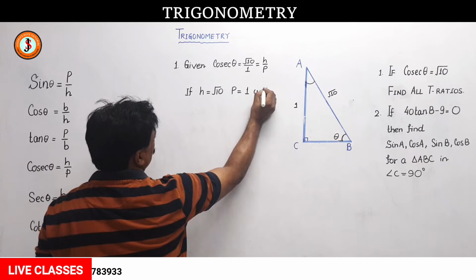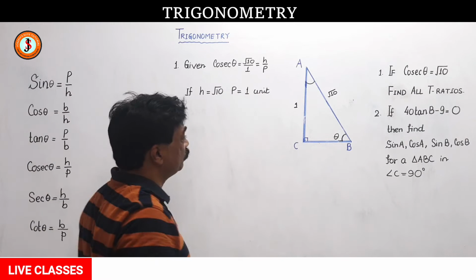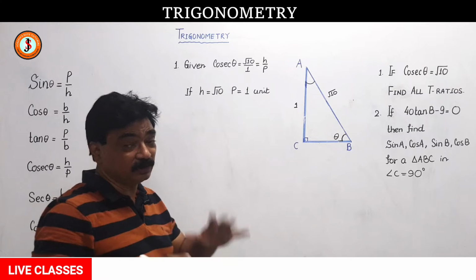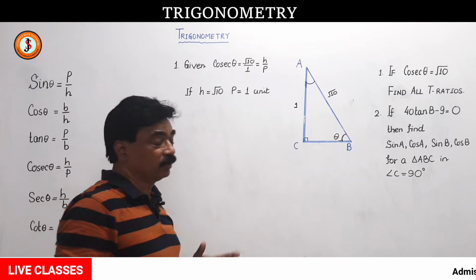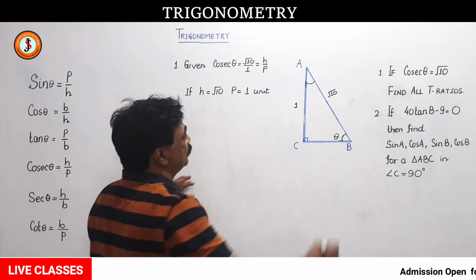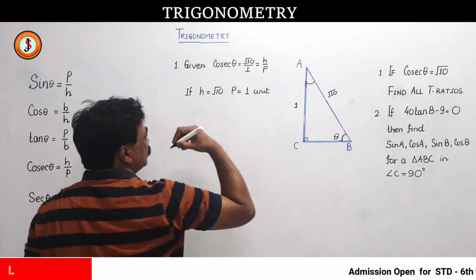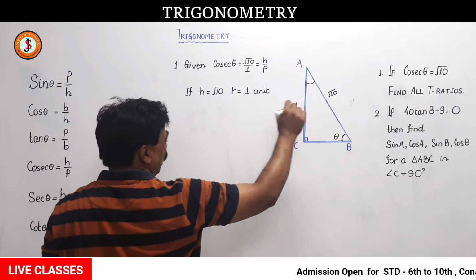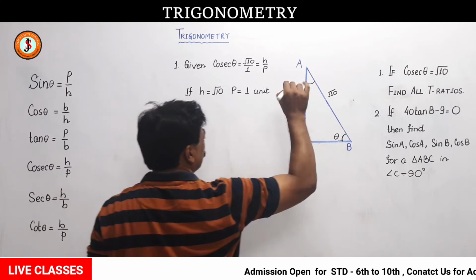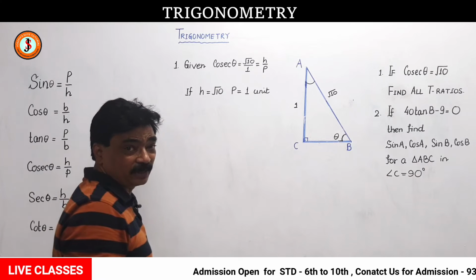That is fixed, because if it is 2 root 10, perpendicular will be 2, so 2 will be cancelled, and the ratio again comes to root 10 is to 1. Sometimes they put it as root 10x and 1x, but I am not taking that. After cancelling out the common factor, we are representing the ratio only as sides.